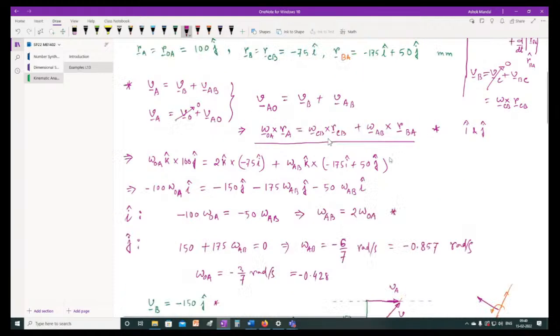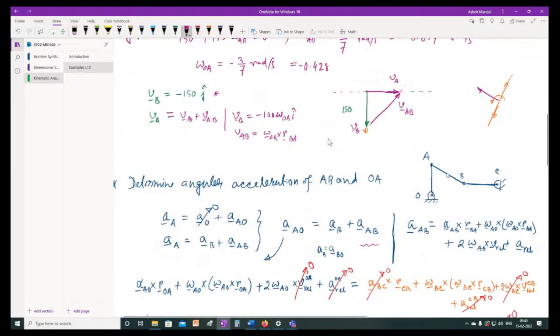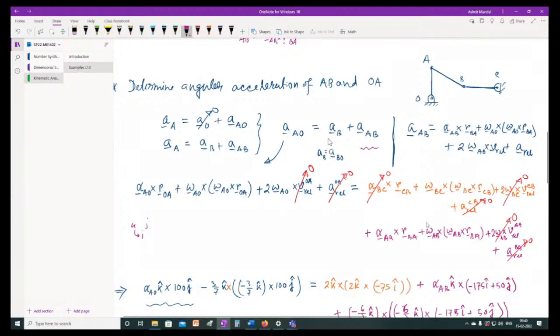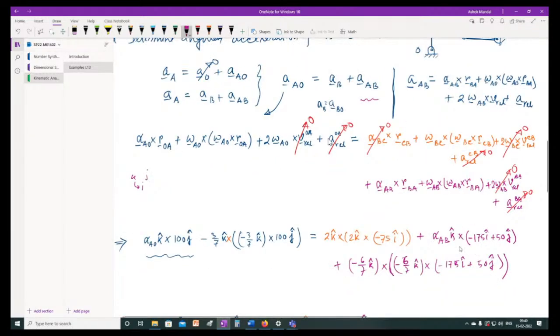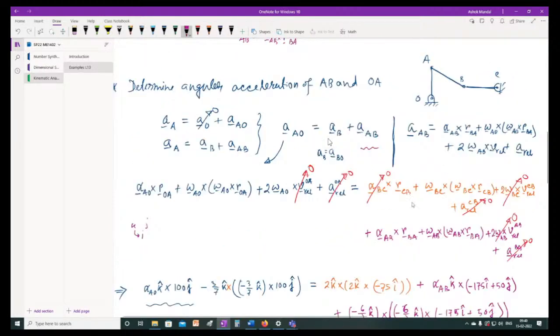This is RBA. That means from this point to this point, the vector is from this point to this point. You are pre-cross multiplying with omega AB. Where did this go? This quantity, right? Alpha AB into RBA. What is the direction? Alpha is perpendicular to the board and coming out.